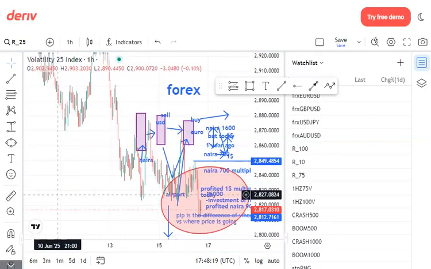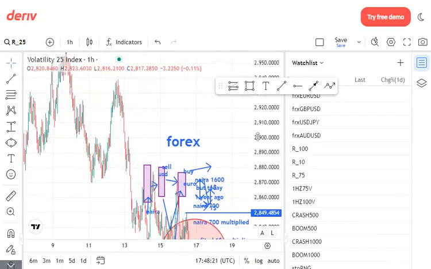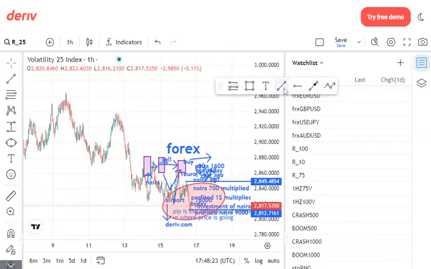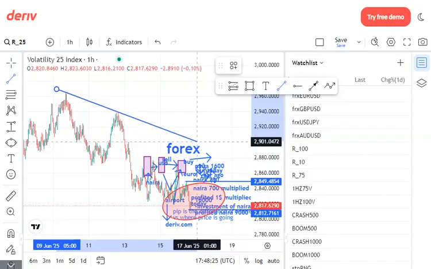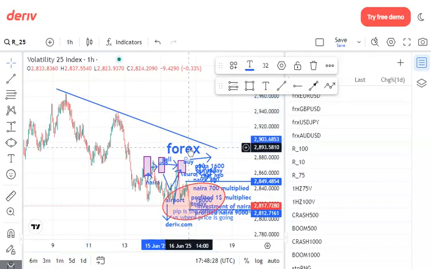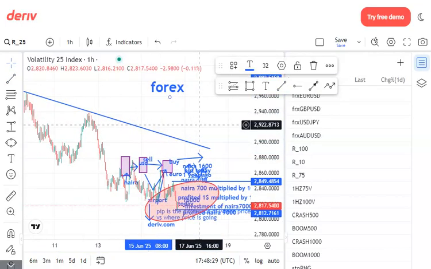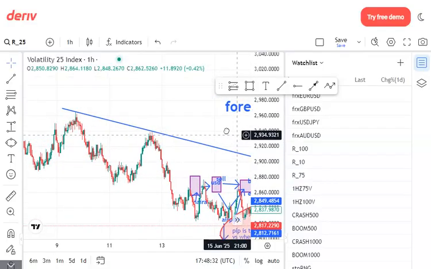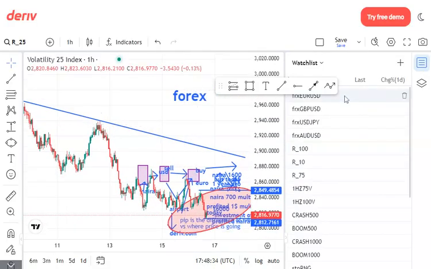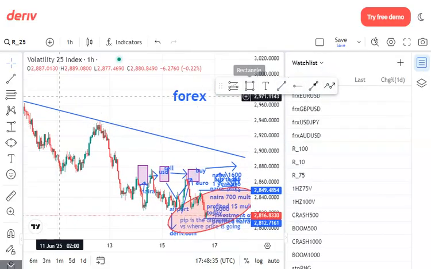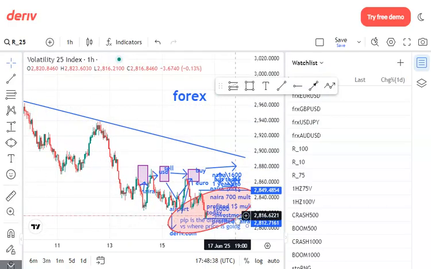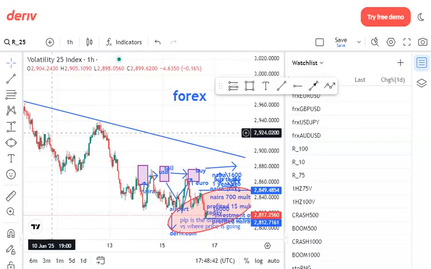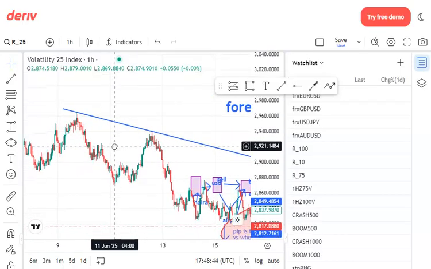But then now you can see this is selling. So let us talk about sell as well. We're gonna put the topic up here so it's easier for us. So let's say if we wanted to sell, how do we make money when the market is going down?